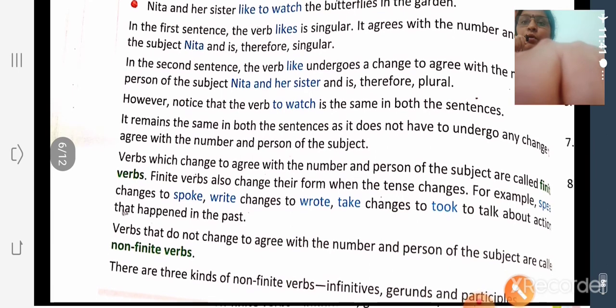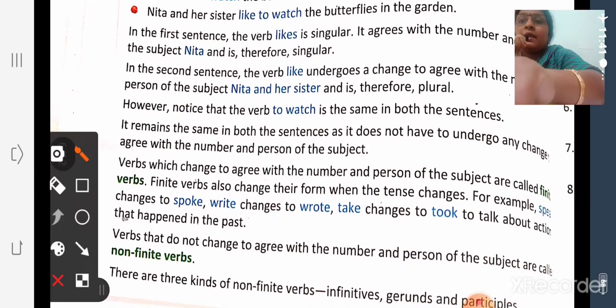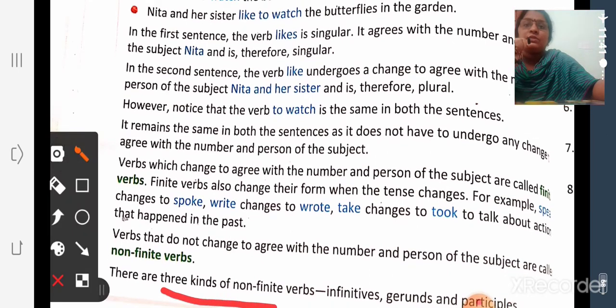Now one more point is given here, that is, there are three kinds of non-finite verbs: infinitives, gerunds and participles. First one is infinitive, second one gerund, and then participles. What do we mean by infinitive? To plus the verb's base form.